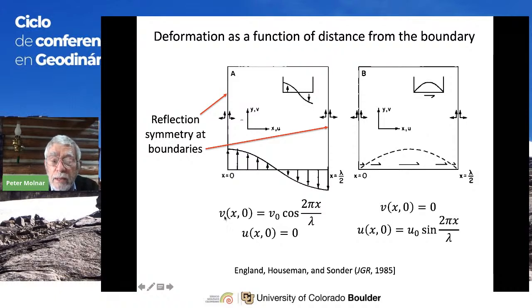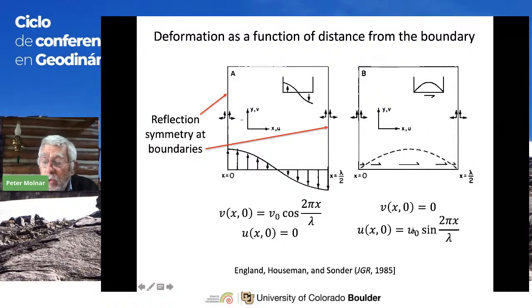So one can write the boundary condition where v is the component of velocity in the y direction, this is y, x is horizontal, is simply a cosine function of the x position times some constant. And then the other situation would be where the boundary would be strike slip, where you drag the edge of the region along with, again, a sinusoidal function describing the magnitude.